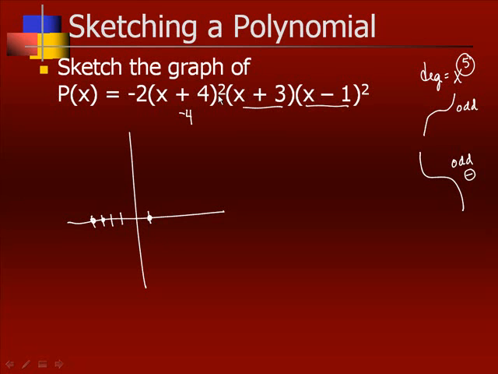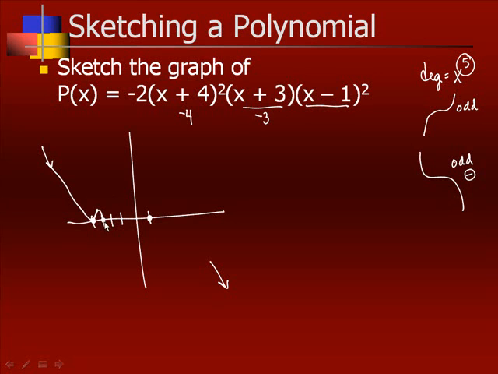So, we're going to look at this one. We know the graph starts up here, and we know it ends down here. X plus 4 squared means the graph is going to come down here, touch it at -4, and then bounce back up. X plus 3, now that's an odd power, so that means it's going to cross it.